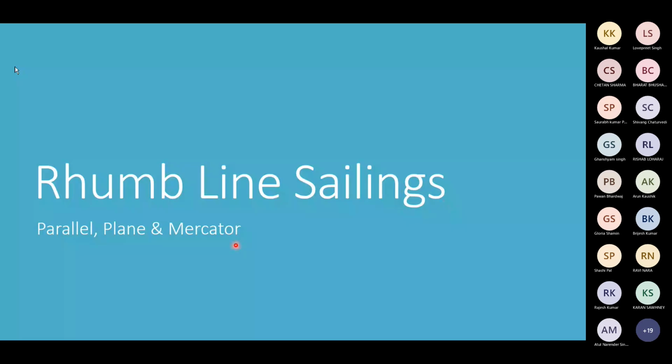So we are going to see all these sailings one by one. We will understand what these sailings are and how we can use them to find out the various parameters or values which we require. We will also see the formula connected to all these sailings and how those formulas are applied.